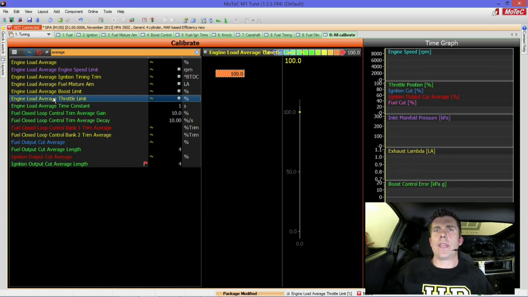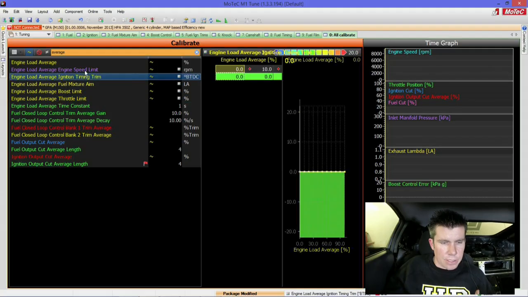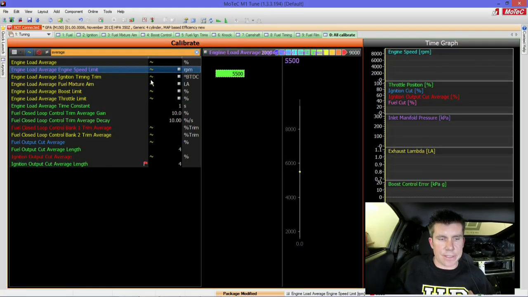So if we are really driving the car hard, we're at full throttle all of the time, that engine load average continually increments and the number gets higher and higher, and we can use that as an input for any of these tables. So there's a few things we can do here. We can first of all set up a different engine speed limit or RPM limit based on that engine load average.